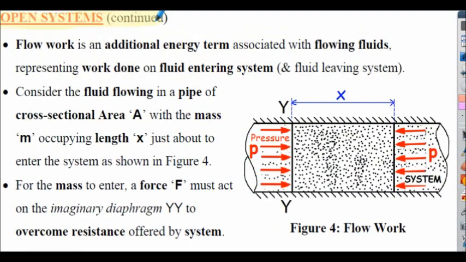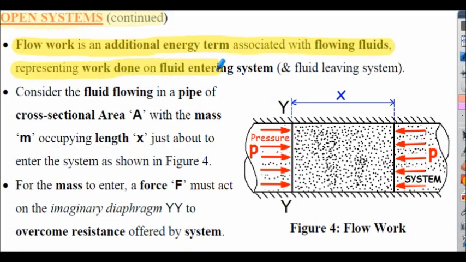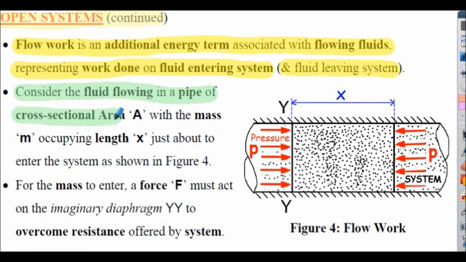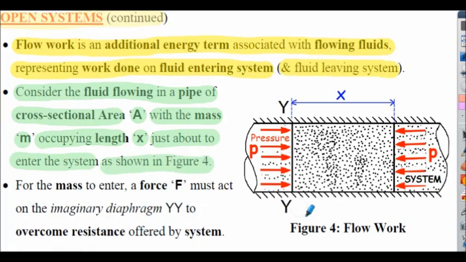Open systems continued. Flow work is an additional energy term associated with flowing fluids, representing work done on the fluid entering the system and fluid leaving the system. Consider the fluid flowing in a pipe of cross-sectional area uppercase A, with the mass m occupying length x, which is just about to enter the system, as shown in figure 4.